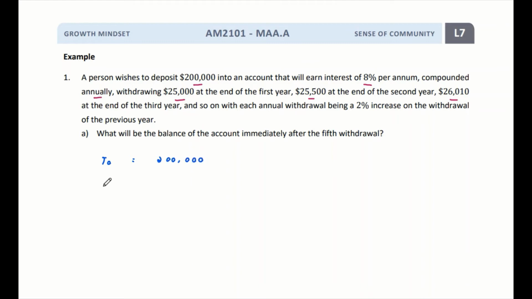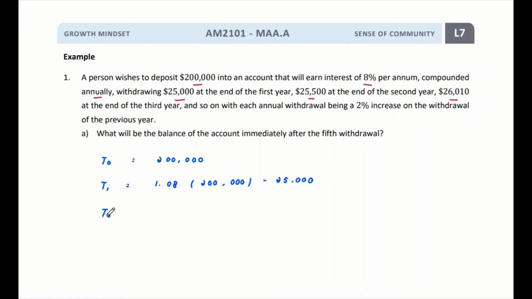All right, then after that, at the end of the first year, or after the first withdrawal, you have the amount of money that earns your first 8% of interest, right? So first 8%. Then after that, you minus off 25,000. Then you get your value of money at the end of the first year.